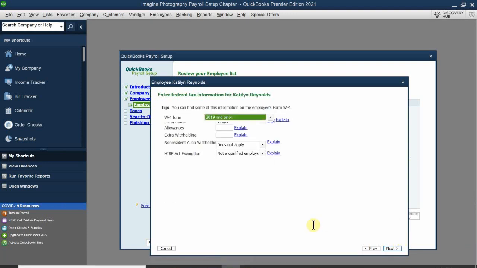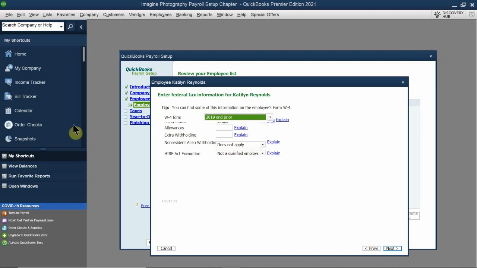Next. Okay. So next thing that we have here is going to be dealing with Katie and looking at her W-4 form, okay?